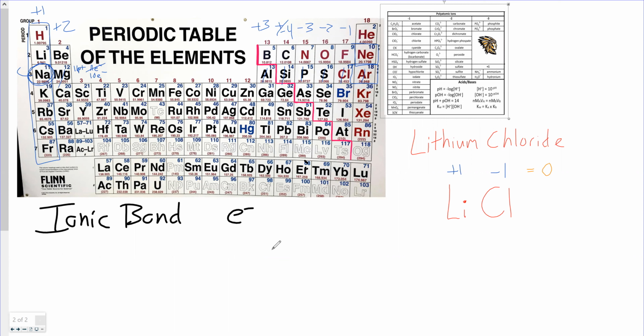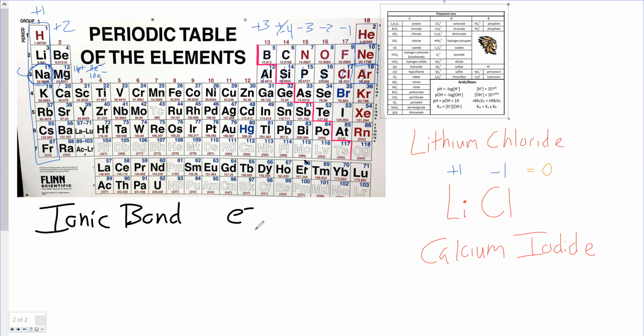How about, no, let's do calcium iodide. Ariane, I need the symbol and charge for calcium.